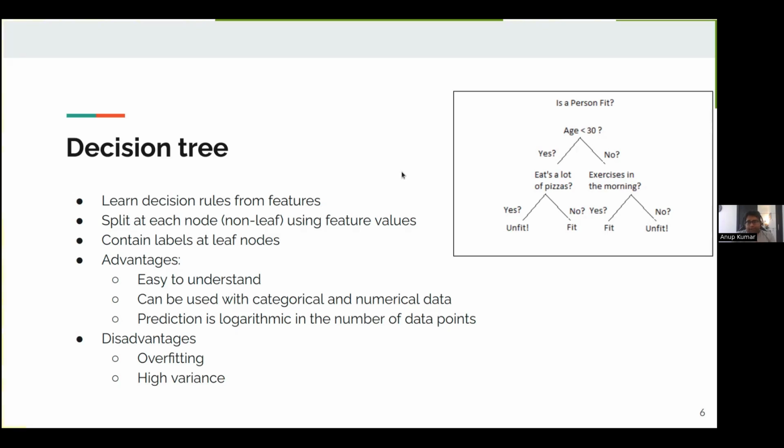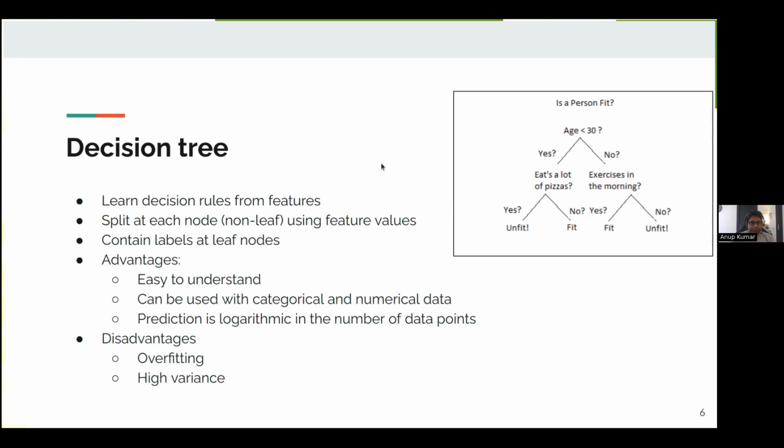To classify a new point, the decision tree has to traverse along one path from the root to a leaf. That makes the decision tree very efficient, because the prediction is logarithmic in the number of data points, since it needs to traverse only one path in the tree to classify a new data point. It is also very interpretable and easy to understand.